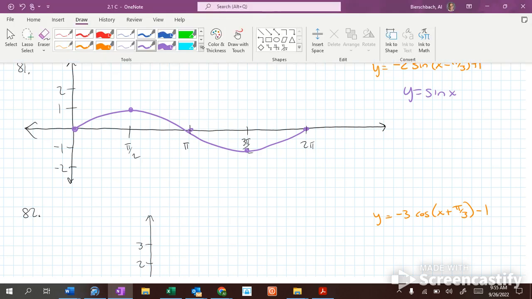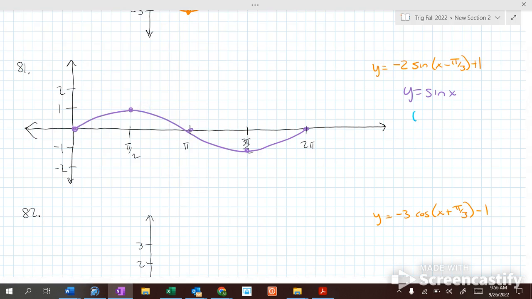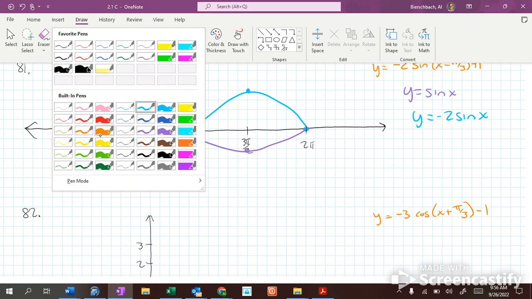Then y equals -2 sine of x is 0, -2, 0, 2, 0. Then minus pi over 3. Mason, which way do I go if I go minus pi over 3?